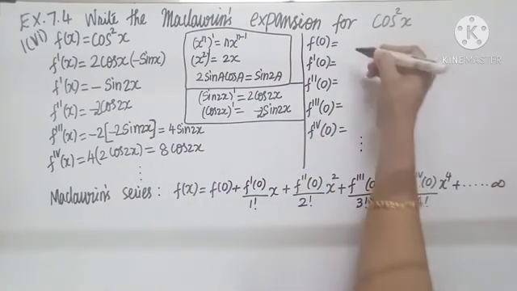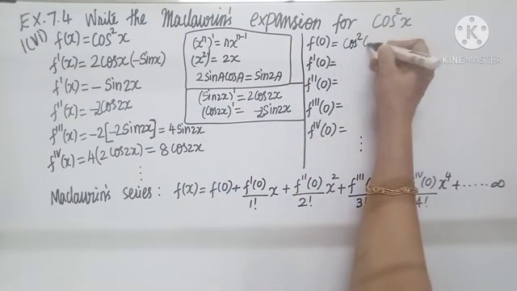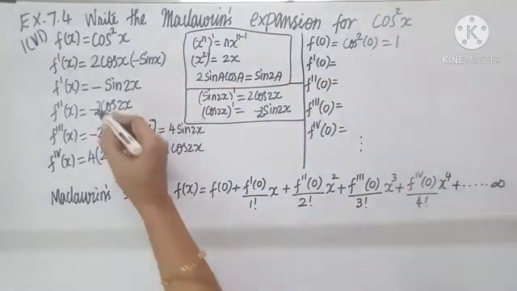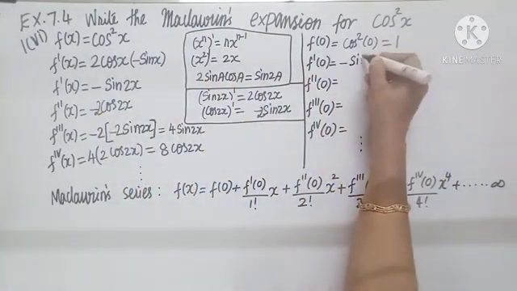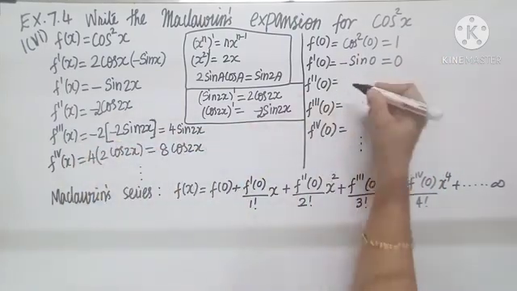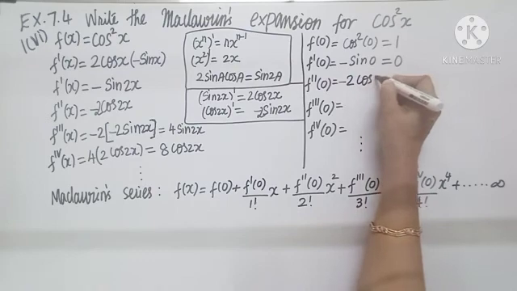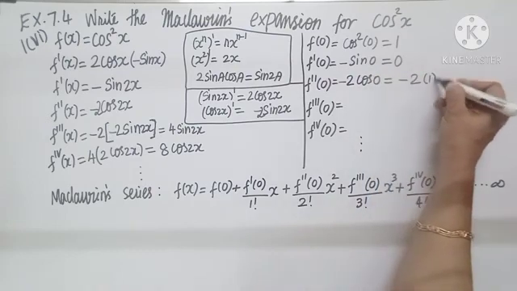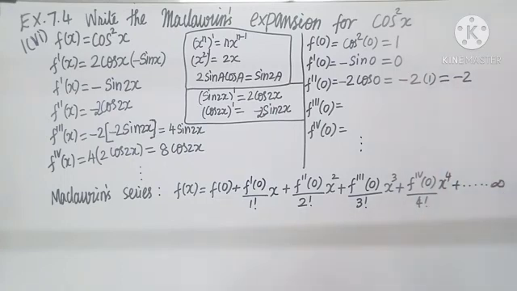F of 0, cos square 0, the value is 1. First derivative minus sine 0. Sine 0 is 0. Second derivative minus 2 cos 0. The value is minus 2. Cos 0 is 1, so it is minus 2.